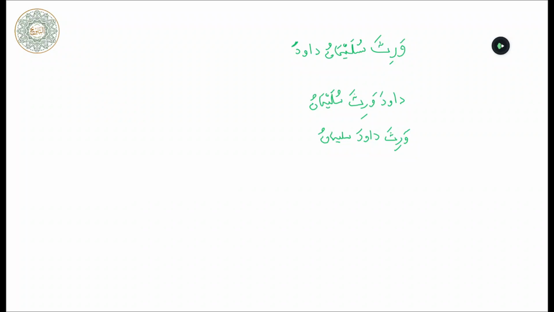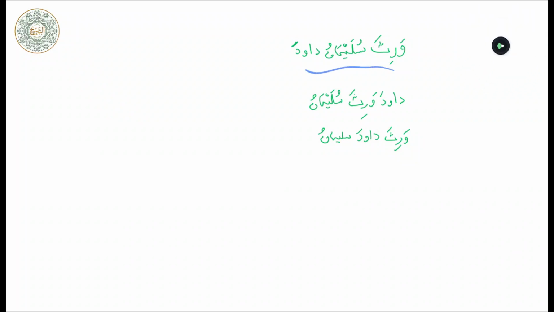If, however, I was to say, for instance, let's take the order of the first sentence. And I was to say Waritha, you can notice how in the first sentence, Waritha comes first. And then I was to say Sulaymana, Dawudu. Now the meaning flips.